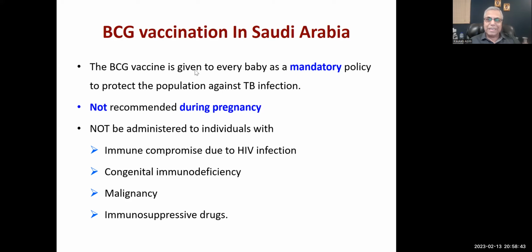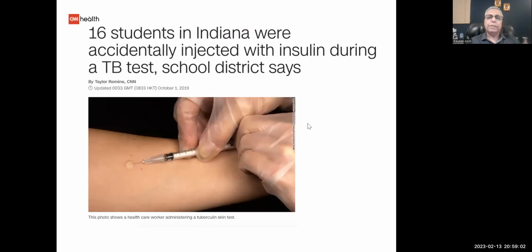Right. So as I said, it is mandatory in Saudi for babies when they are born, and in many countries, this BCG vaccination is mandatory, and it's given to babies in the first week, or after the first week. I hope I'm right.